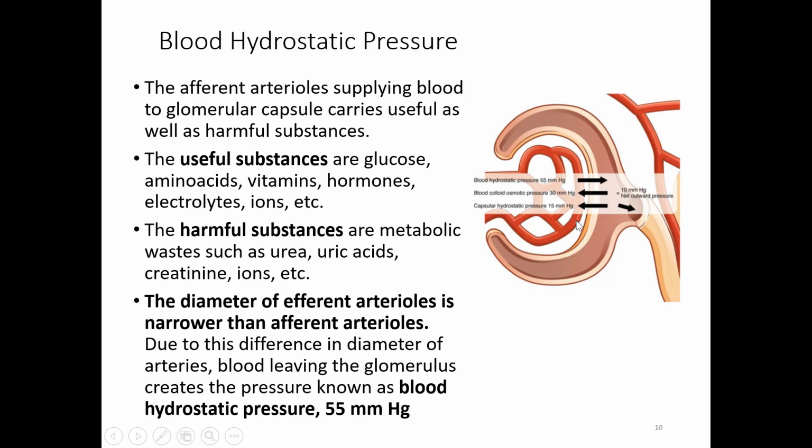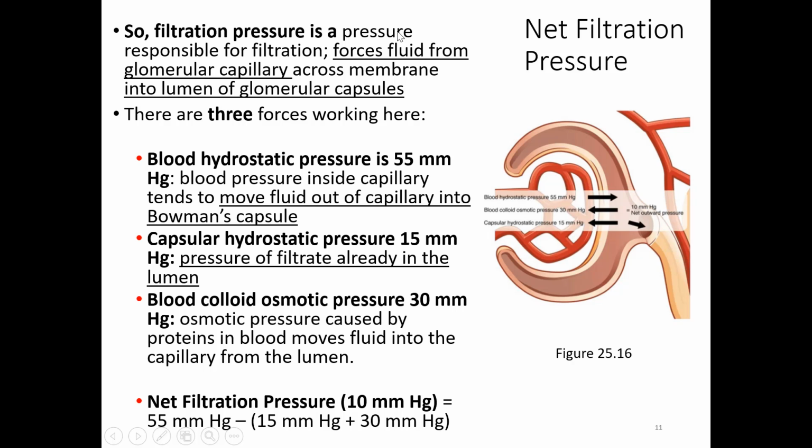It's 55 millimeters of mercury, and it pushes fluid through the membrane into the glomerular capsule. So filtration pressure is pressure responsible for filtration. It forces fluid from glomerular capillary across the membrane into the lumen of glomerular capsules.